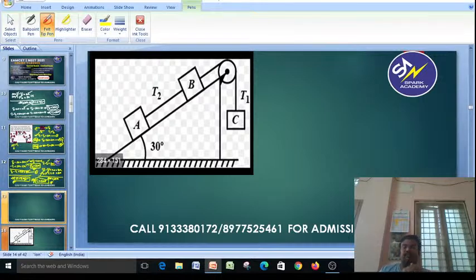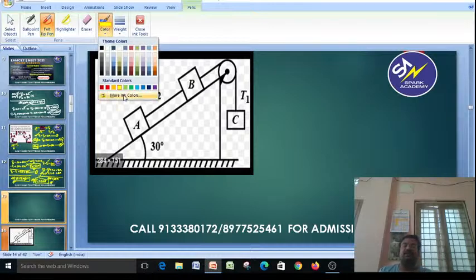I will explain this process-based question in the next class, but here I will complete the concept. For example, let us take only one block like this.